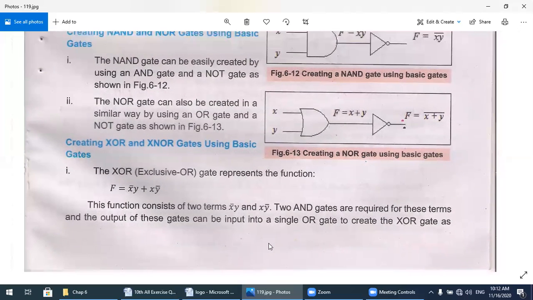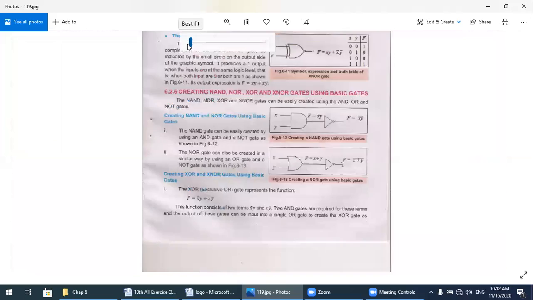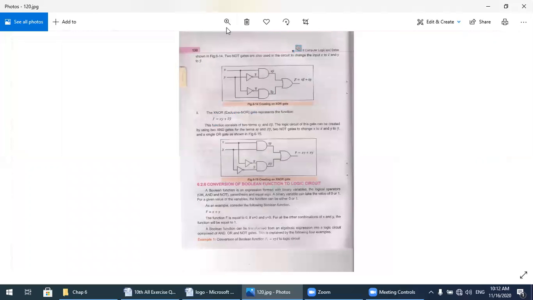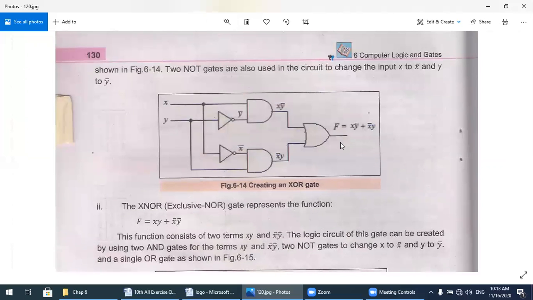So how to create this one? As I told you, the equation used for the exclusive OR gate is x y complement plus x complement y.